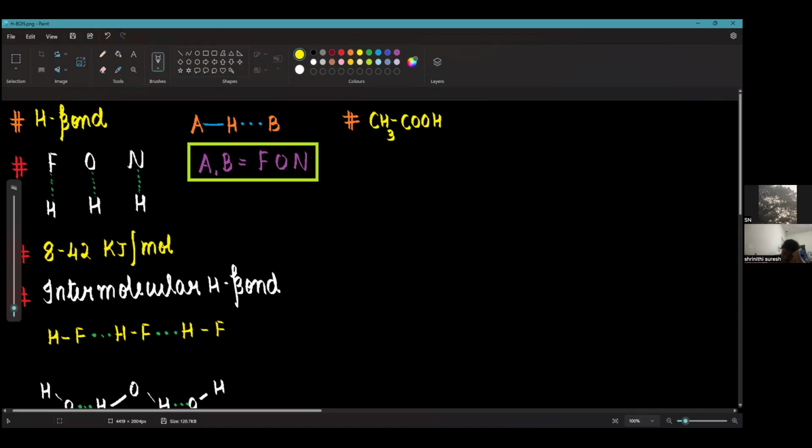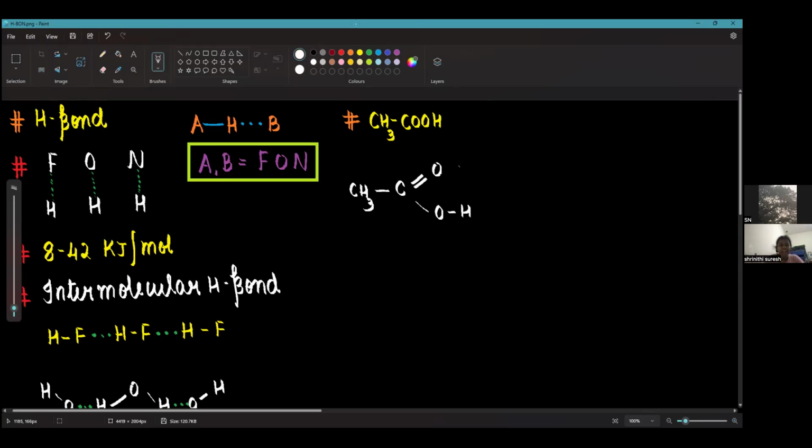So how are we going to show the hydrogen bond over here? Let's see what happens. We will have CH3, then a C double bond O, and then O-H.